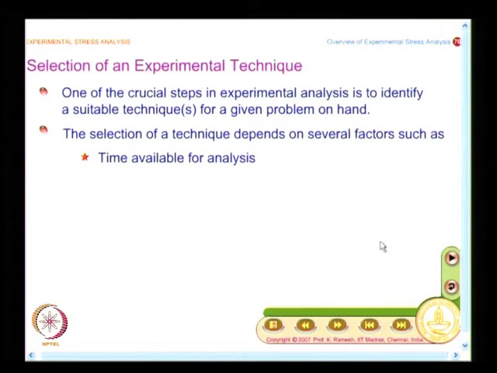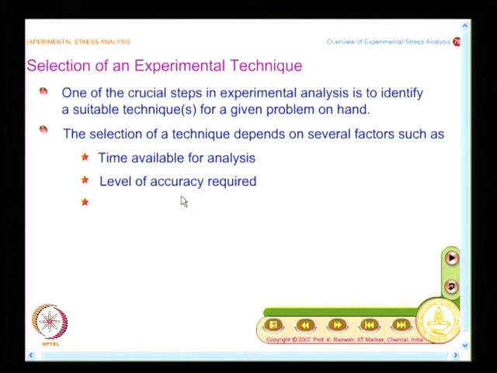So, time available for you to do the analysis is one of the very important steps that you should consider. Then you have level of accuracy, that is what I said. If you want higher level of accuracy, then you will require more time for you to do it.